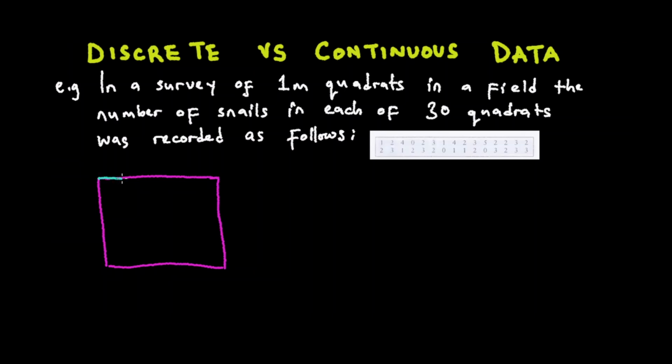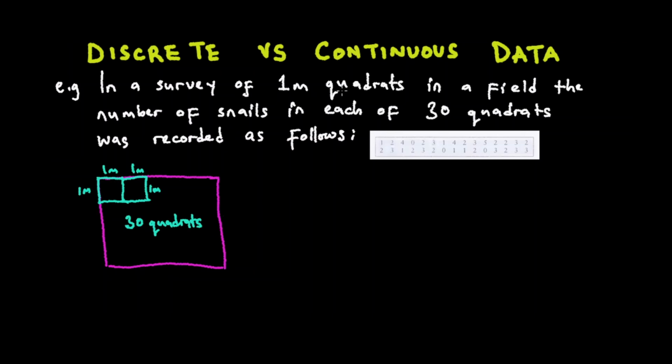We are making a small box, 1 meter by 1 meter, like this. So this is a quadrant. Then we have another one, 1 meter by 1 meter, and so on, and we are going to have 30 quadrants. So you can actually infer what the area of this field is.